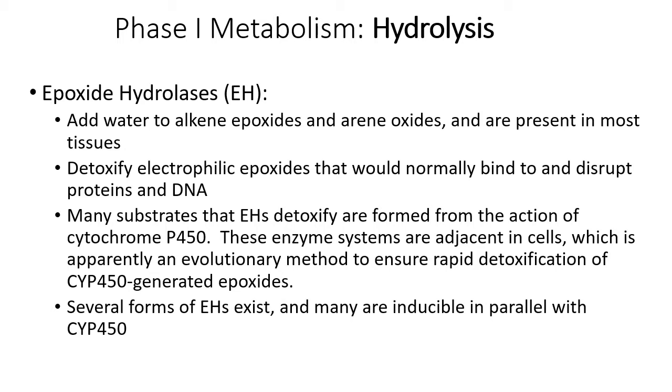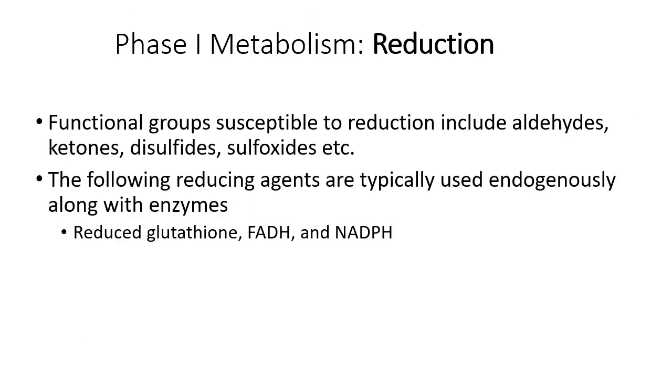Okay, I'm going to skip through this because I don't want you to commit this to memory. You're not going to see a lot on this in terms of the medications that you're going to learn about. Reduction, functional groups susceptible to reduction include aldehydes, ketones, disulfides, sulfoxides. The following agents are used endogenously along with enzymes.